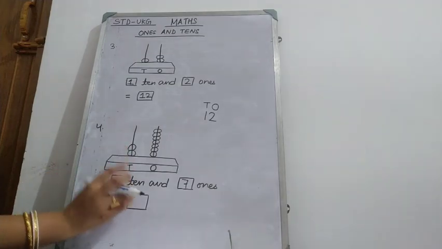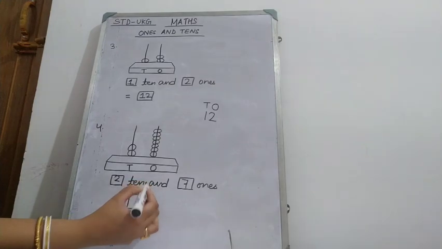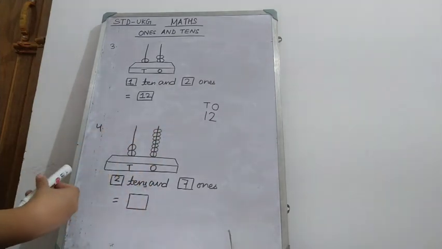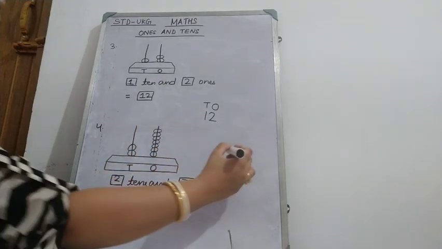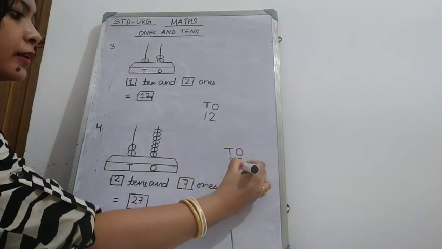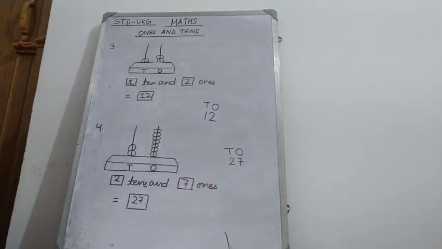So write 2 tens. Okay? So from this abacus, what we have got? We have got 27. So write like this, 27. Or we can write like this, 7 ones, 2 tens.